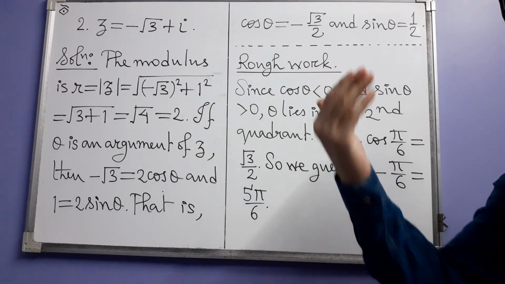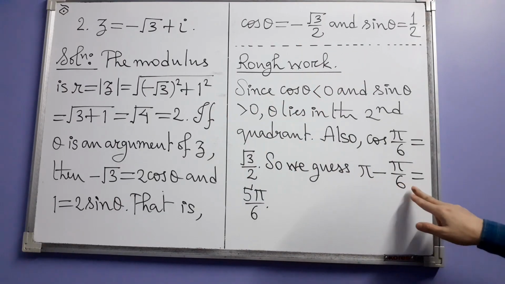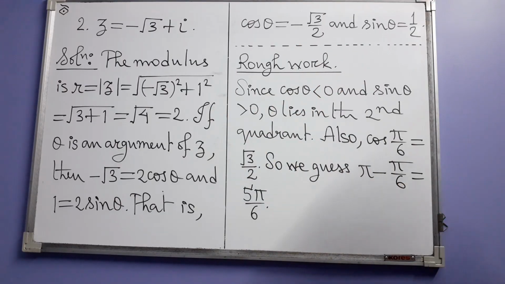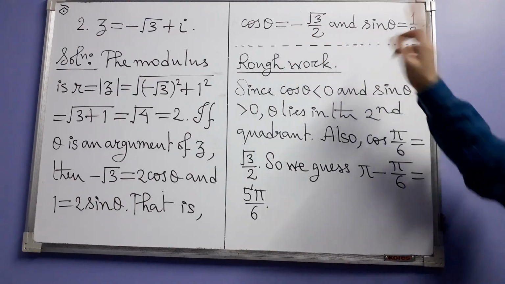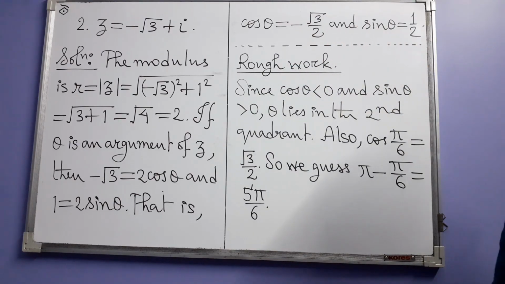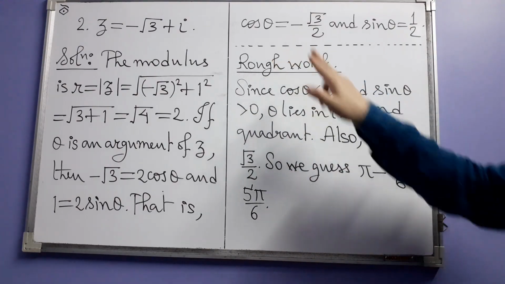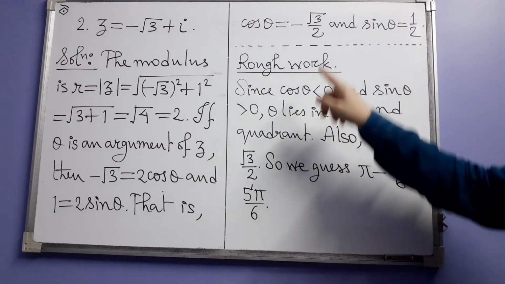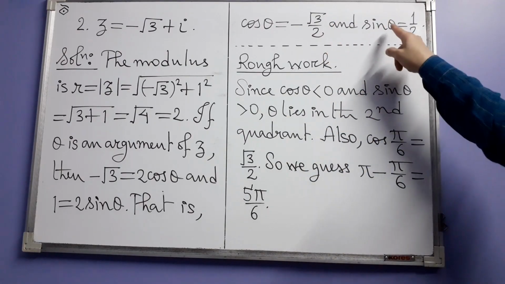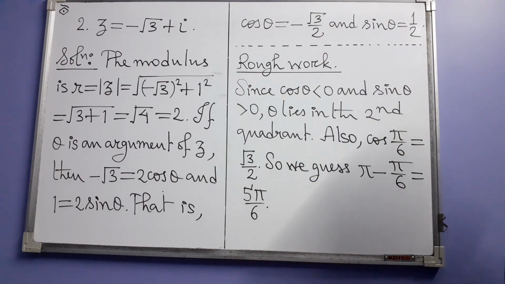That way we get an angle in the second quadrant, 5 pi divided by 6. And then you have to check if this really is the angle that will give you these values. That part is left to you. It really is the angle. So you show that cos of 5 pi over 6 is this value and sin of 5 pi over 6 is this value. That you will have to do.